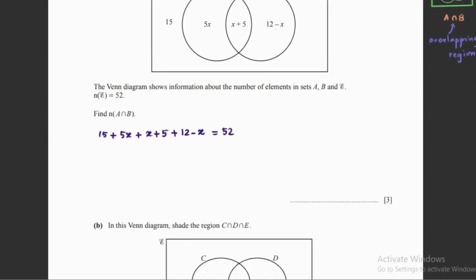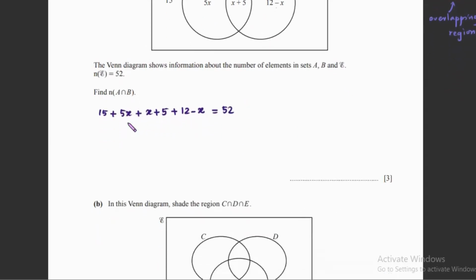I'm now going to combine all the like terms together. So I have 5x plus x minus x. So the plus x and the minus x can cancel out, leaving us with 5x, 15 plus 5, and then this 12 can be added together, which is equal to 32. So 5x plus 32 is equal to 52.